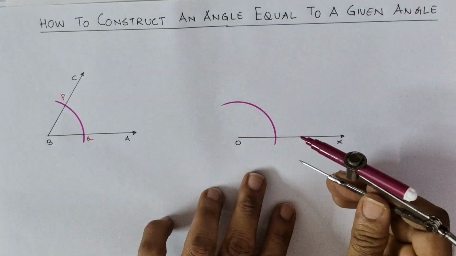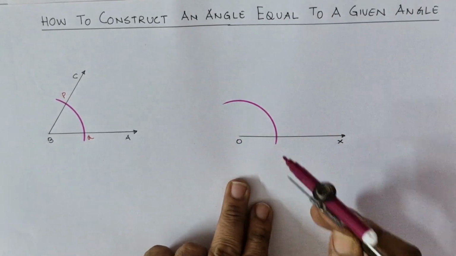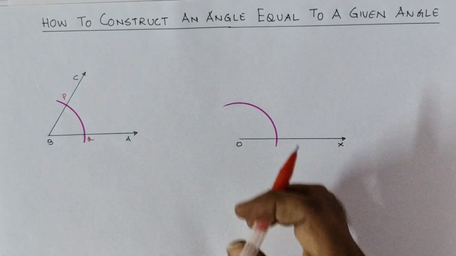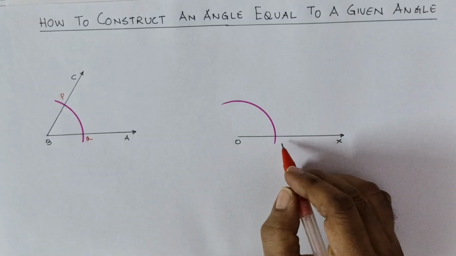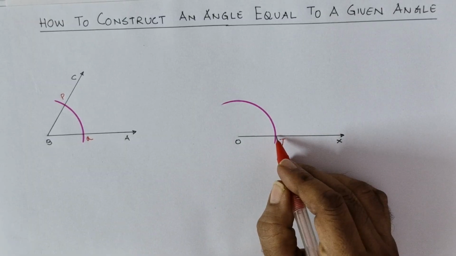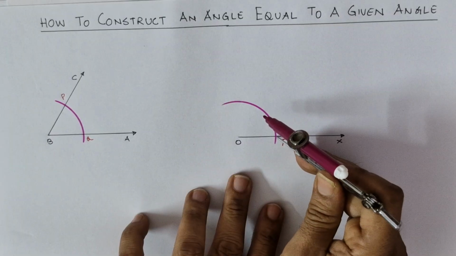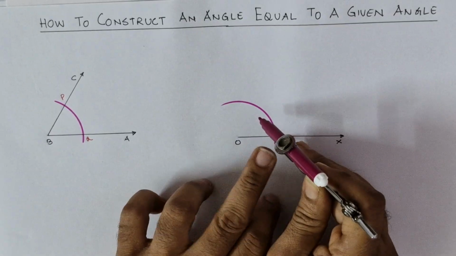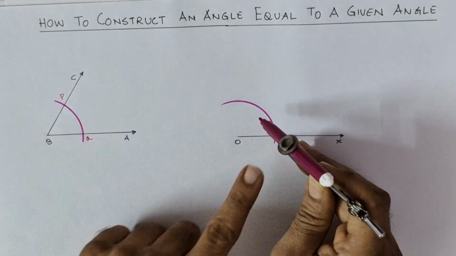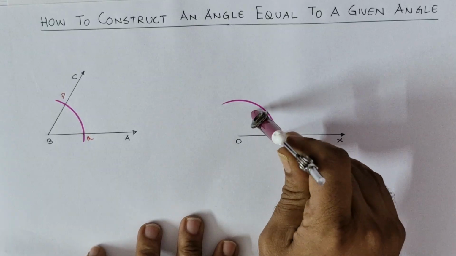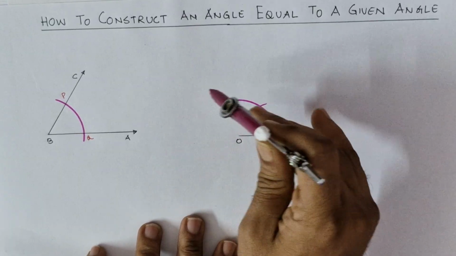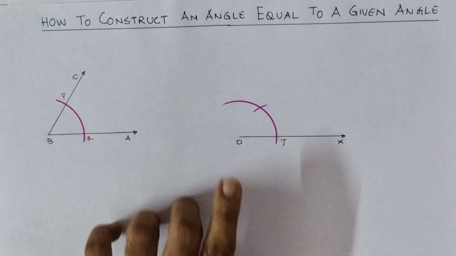Do not change it. Now see, in the new arc, let's say it has intersected in this point, like in T. So this point is T. So putting the pointer in T and without changing, this is the distance between P and Q we have taken. Now draw an arc intersecting this new arc. Got it?